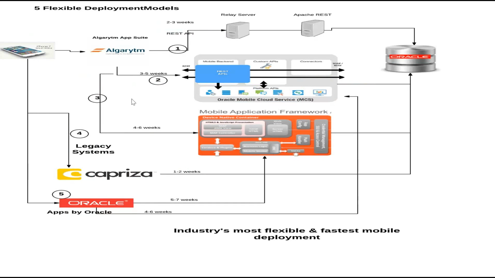It's directly connecting to the Oracle EBS system through a REST-based API and the Apache REST server. This is where it's converting from web service to REST, and from REST to the mobile app, it's connecting through the Ionic framework. So we have other deployment models available.